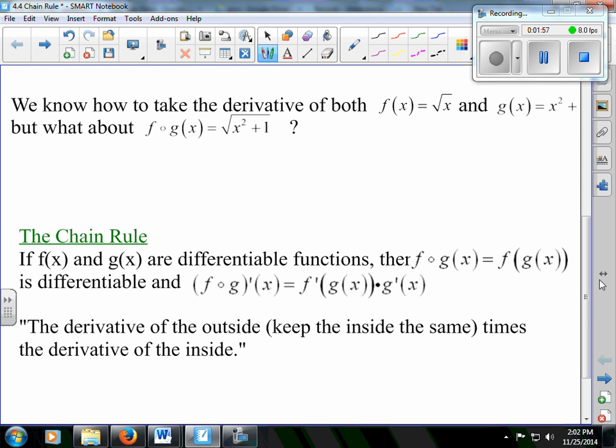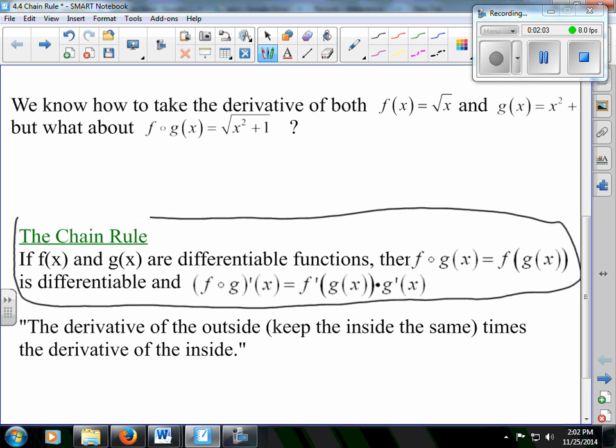So right down here, I have written the chain rule. This is technically the technical definition of the chain rule, how you are to take the derivative of a composite function. And then down here, I have in quotation marks how I'm going to verbalize what the chain rule is every time I do it. You have a composite function. You have an inside, which is g of x, and an outside, which is f of x.